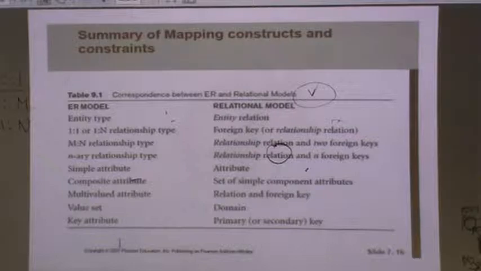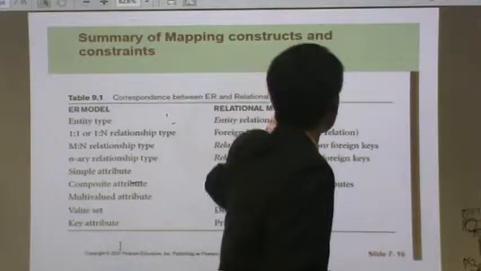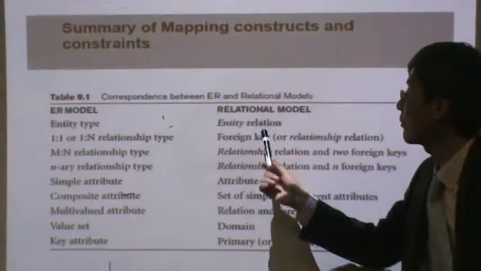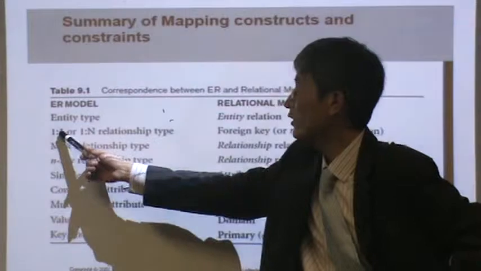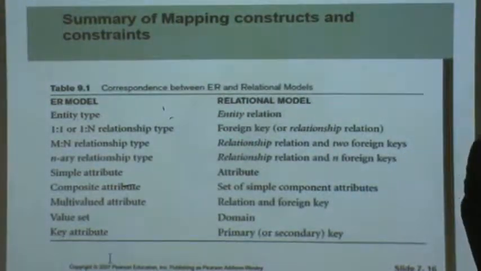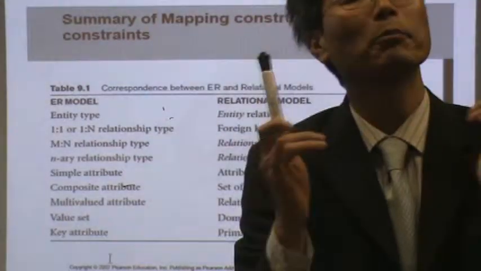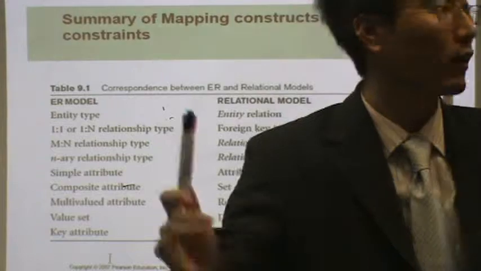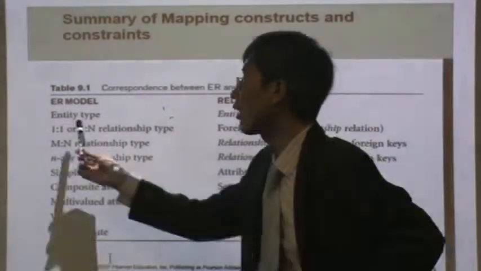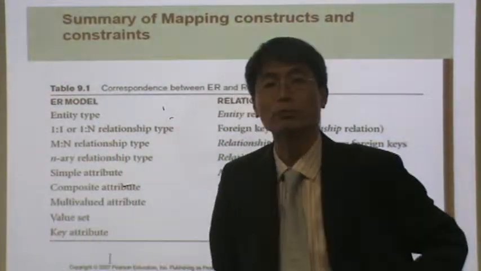Before that, this is a summary of each step. An entity becomes a relation or table. For 1 to 1, there are 3 options. One is merge, because it's 1 to 1. Or we can separate and create the in-between table with the appropriate foreign keys. The third option is we can create the foreign key, just like the 1 to many.